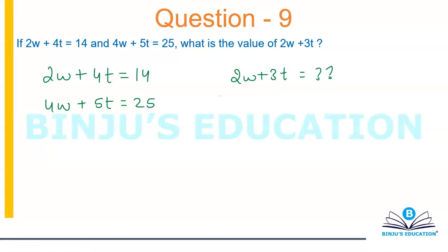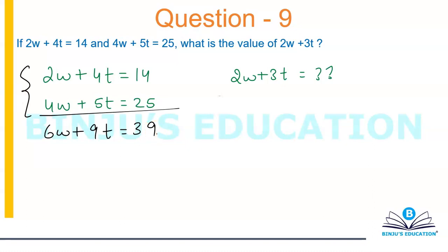Once I write these equations one below the other, it should come to my realization, and this will only come with practice, that if I have 2w plus 4t equals 14 and 4w plus 5t equals 25, and I add these two equations, I'm going to get 6w plus 9t, which is equal to 39.